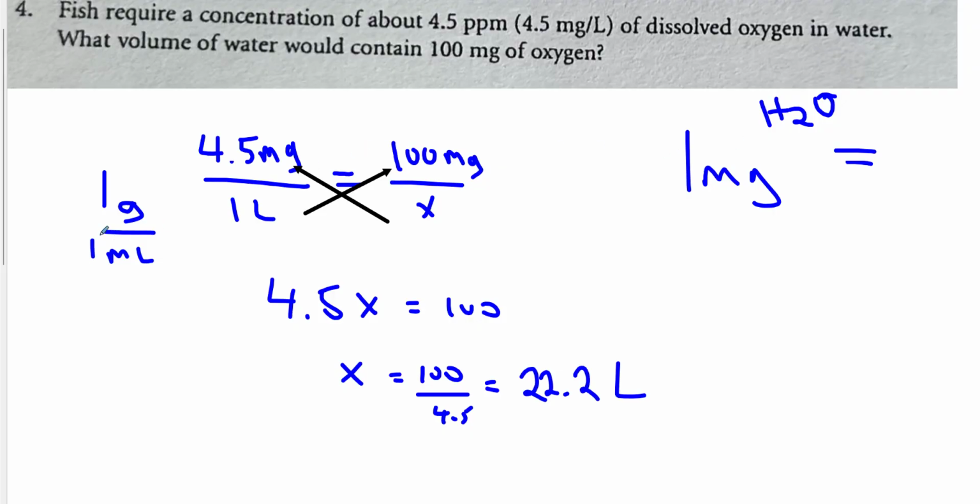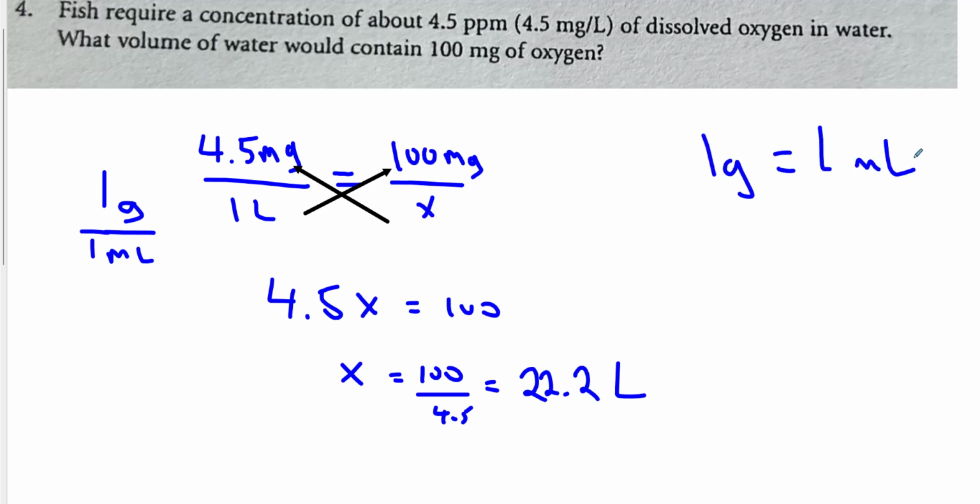Okay, so one thing that you need to know is the density of water. So 1 gram is equal to 1 milliliter of water. This is going to become very important when you're dealing with converting volumes to mass or mass to volumes. So you have to use the density of water. So 1 gram is equal to 1 milliliter.